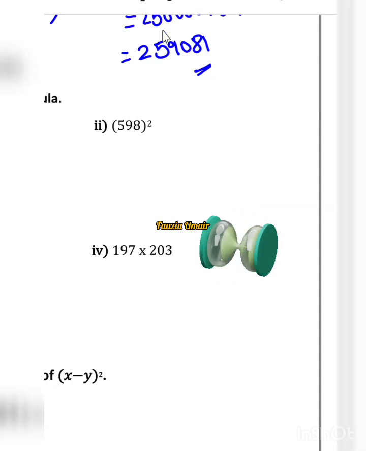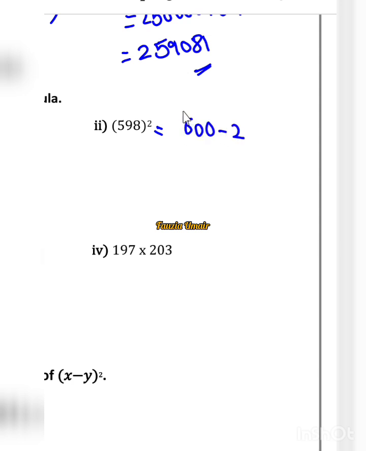Right, now the next question is 598 whole square. This question cannot be solved using the addition method, because it would be 500 plus 98 square, so that would be difficult. So instead of writing with an addition sign, I can subtract. I can write down 600 minus 2. It is close to 600, so I can write it in this way.